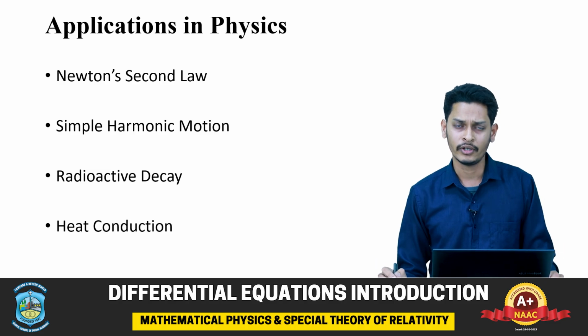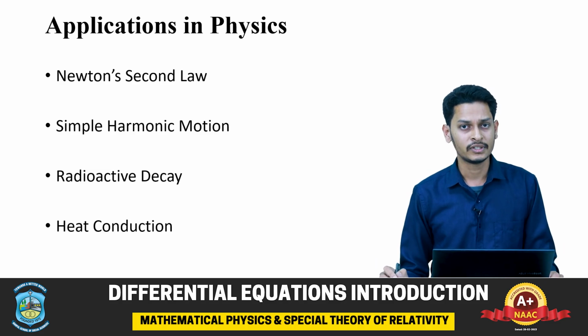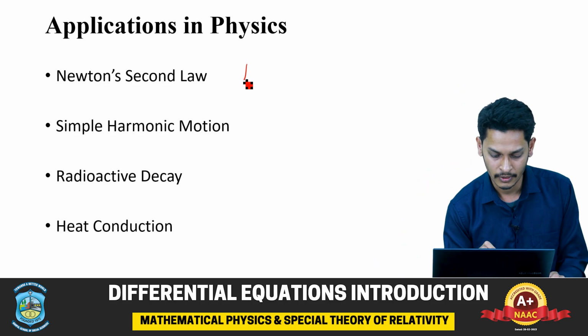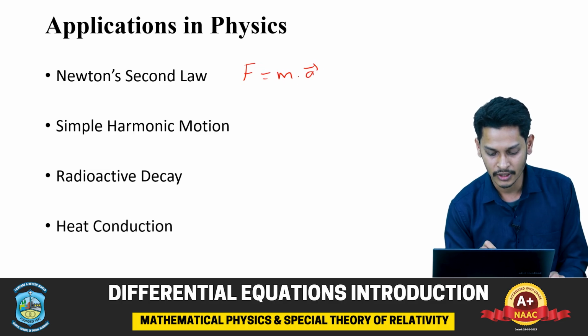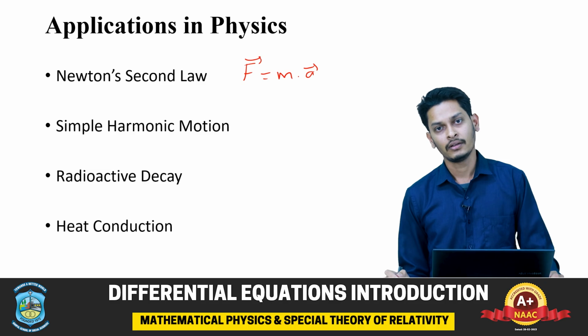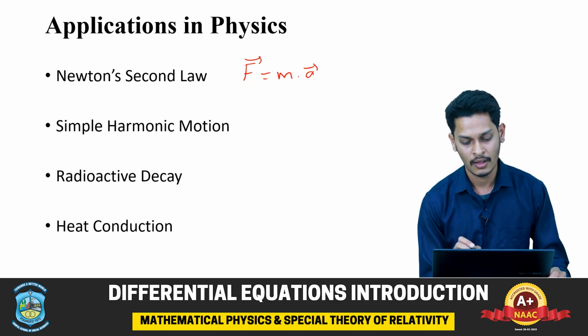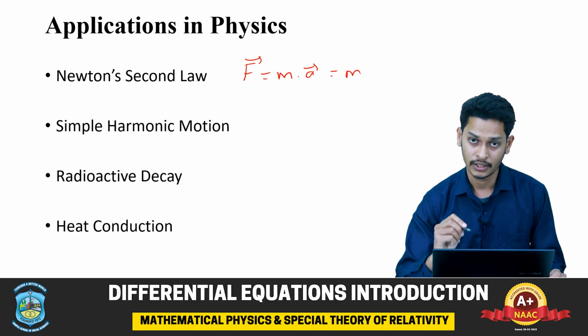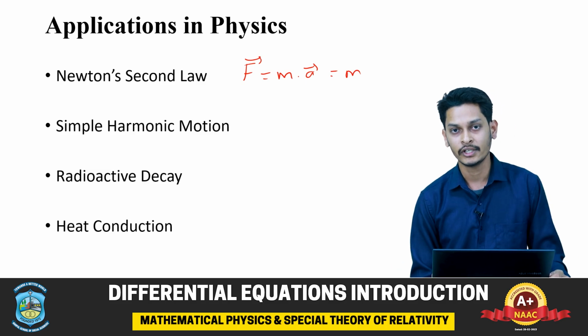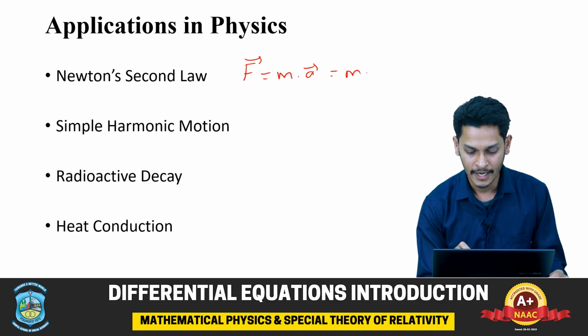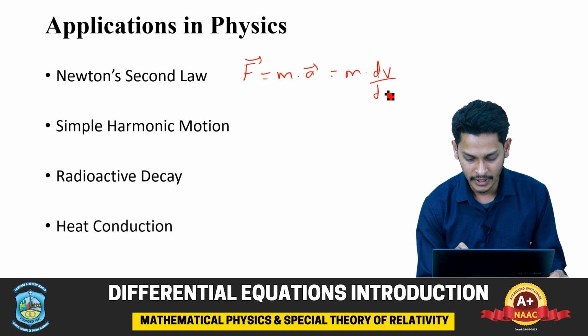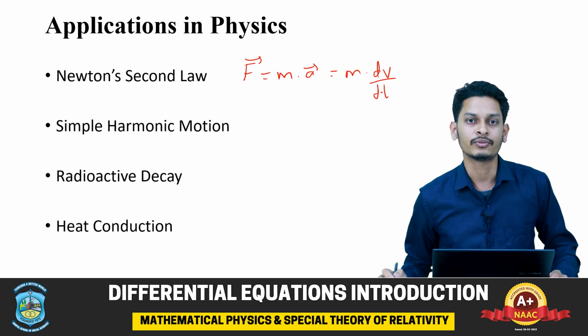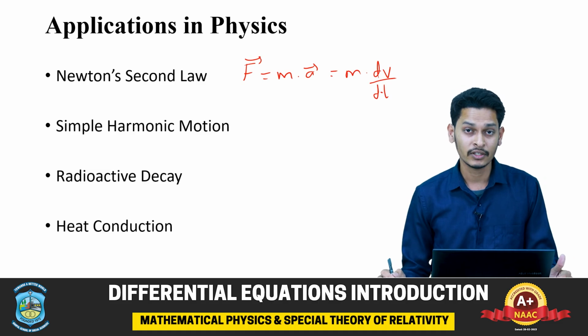We are very much aware of Newton's second law, which is F equals ma, that is force equals mass into acceleration. And also, if we write a, what is it? Acceleration, and acceleration is the rate of change of velocity, meaning acceleration is the derivative of velocity with respect to time, hence it is a differential equation.